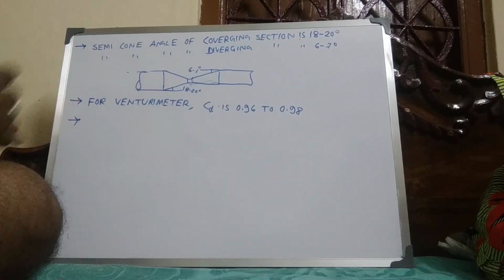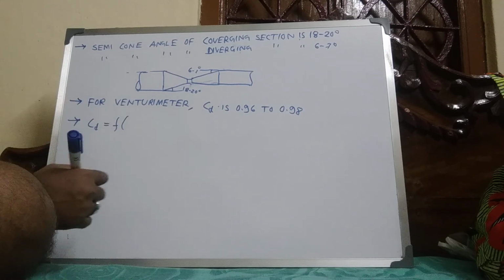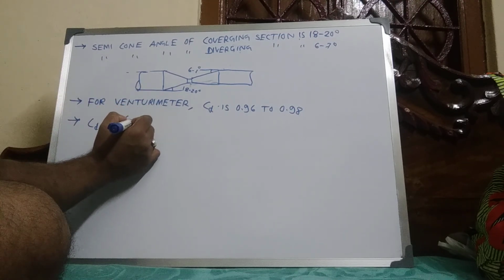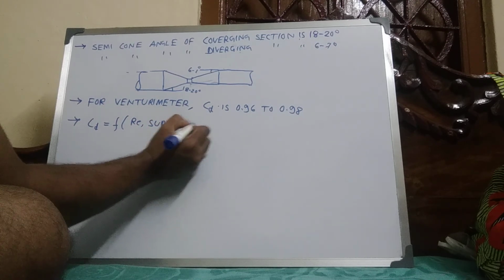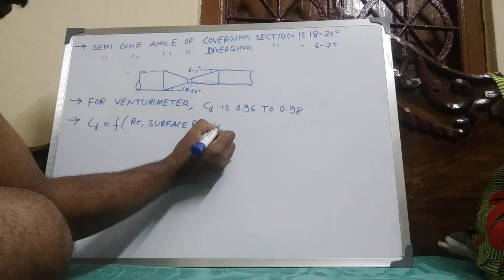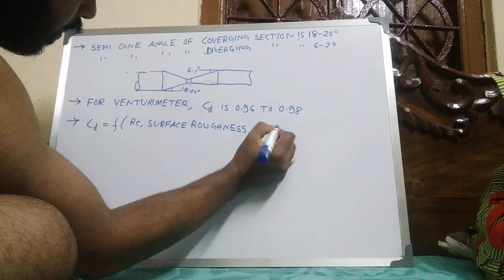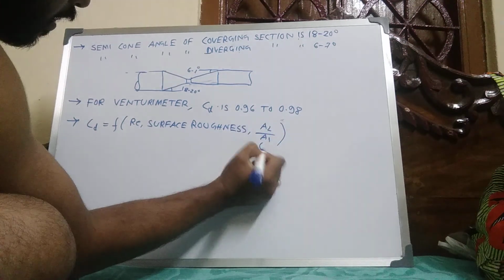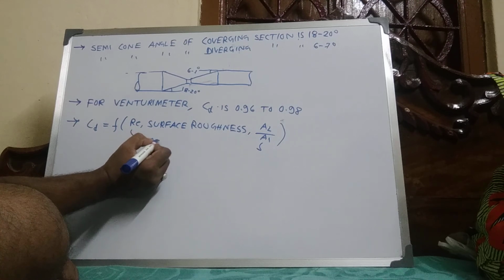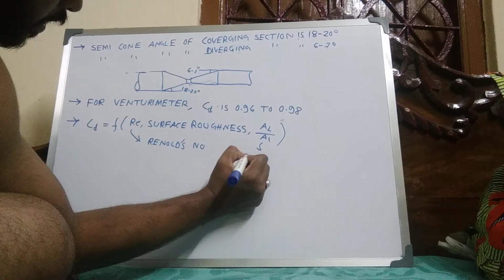Another point: CD is a function of the Reynolds number, surface roughness, and the area ratio A2 by A1.